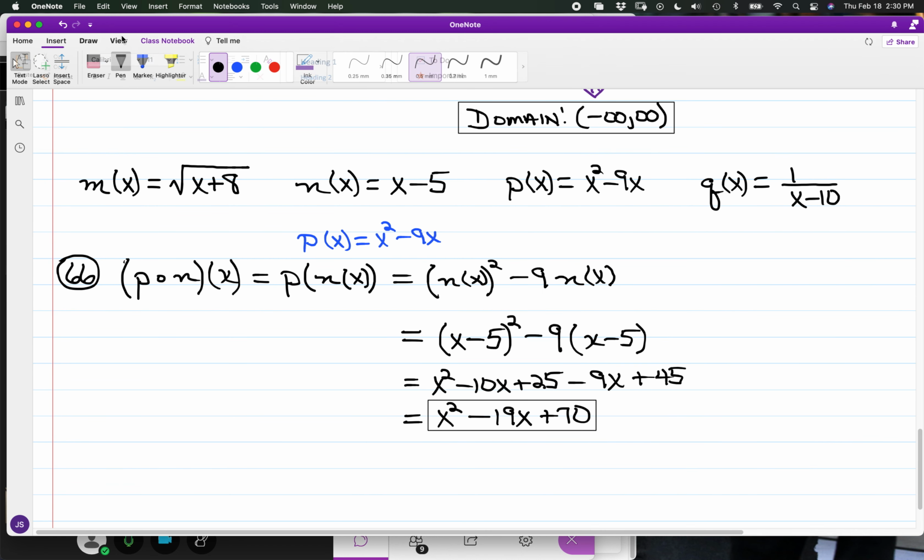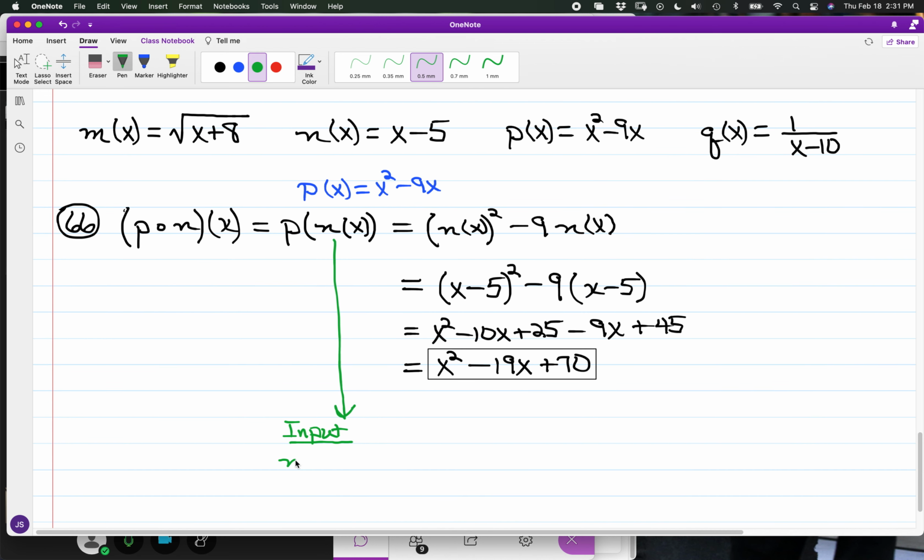Now, in terms of the domain, again, n of x is going to be your input function. So n of x equals x minus 5. Again, there's no fraction or even root radical, so you have no restriction.